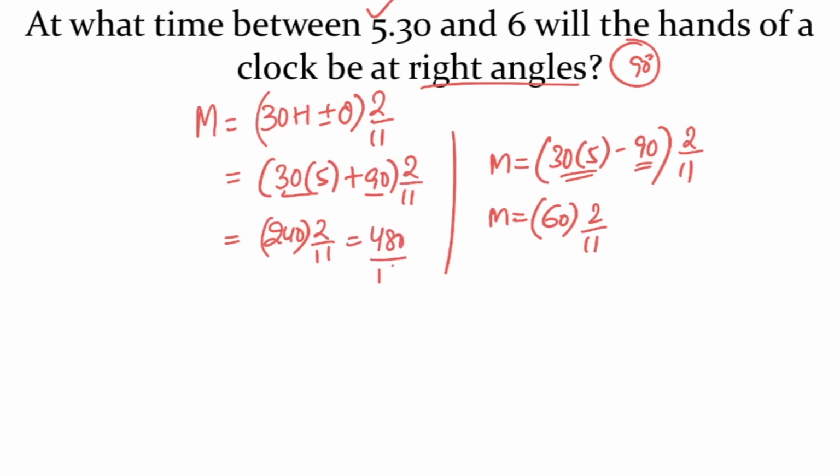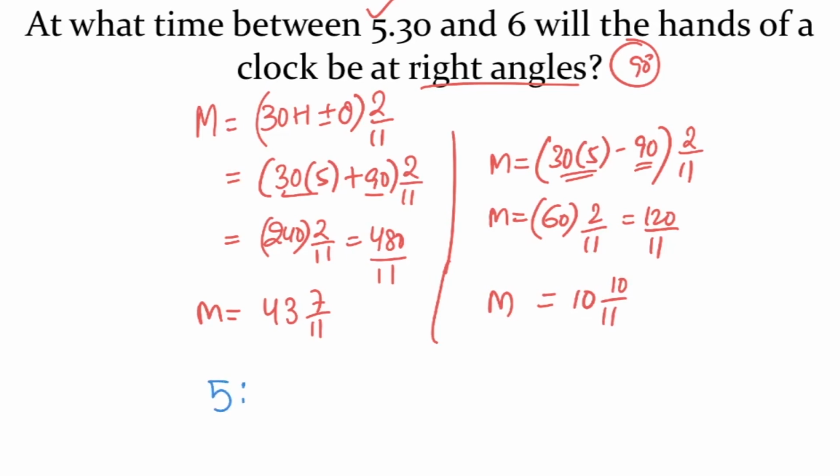480 by 11, 120 by 11. So number of minutes are equal to 43 7 by 11, or number of minutes is equal to 10 10 by 11. So answer must be either 5:43 7 by 11 or 5:10 10 by 11.